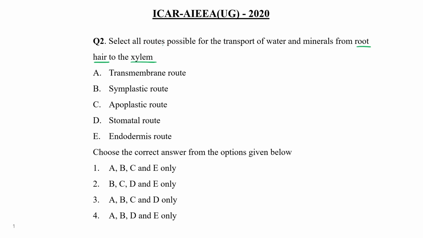They want to know what are those possible routes: transmembrane route, symplastic route, apoplastic route, stomatal route, endodermis route. Out of these 5 options, what are those routes in which root hair transports water from soil to other parts of the body? It's a very tricky question. Quickly just take 5-second time. Then after that we will discuss the correct answer.